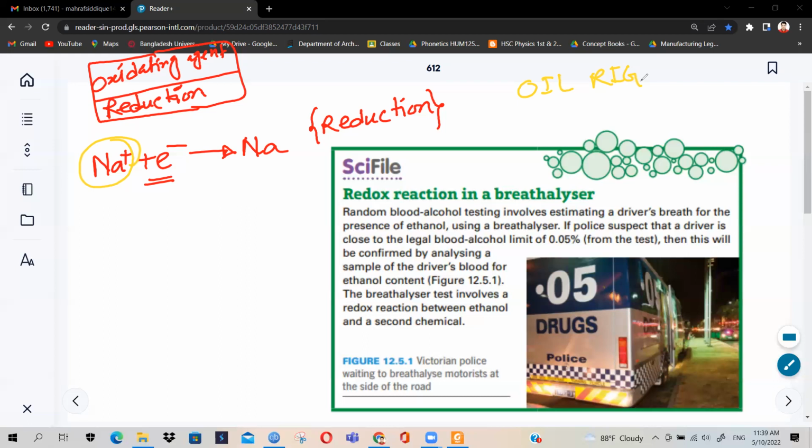Similarly, in case of oxidation, electrons will be lessened and reducing agents will donate electrons. I hope it's clearer than yesterday now. I hope you have taken notes of these.